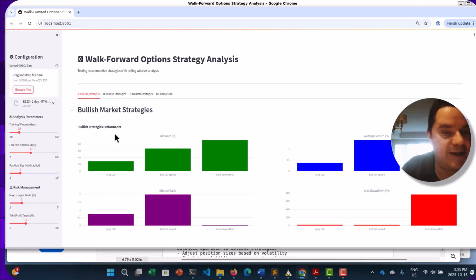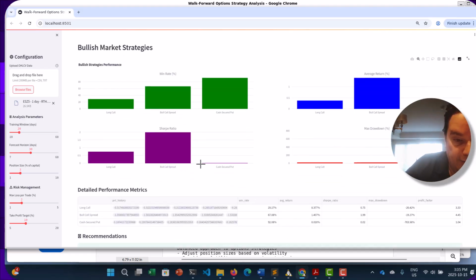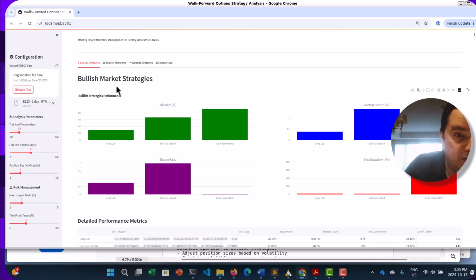So here it suggested all the different strategies. So I'm able to get it forward tested based around the data, providing that CSV I provided, using all of those suggested strategies.